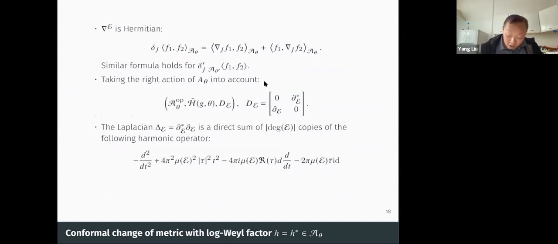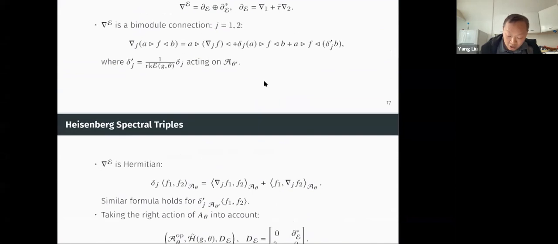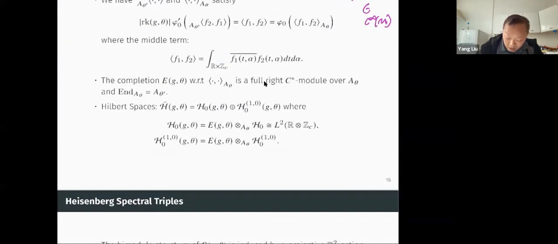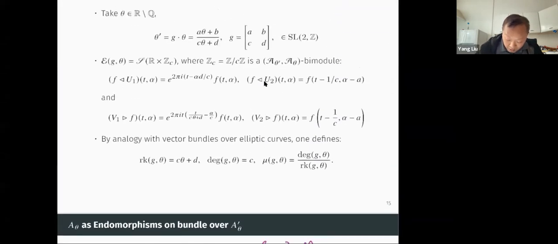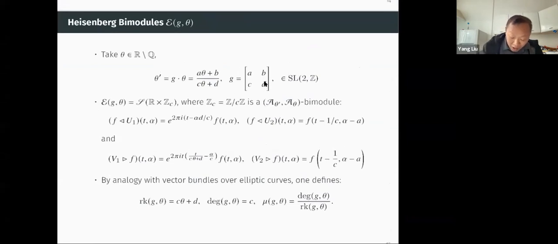The crucial thing I'd like to point out is that this Laplacian here is easier than the Laplacian I mentioned before, in the sense that it is just a harmonic oscillator. It is indeed acting on functions on R, because our underlying Hilbert space is functions on R, right?